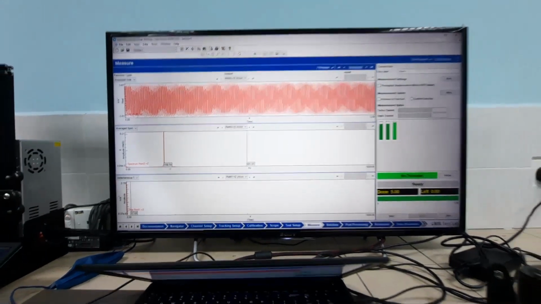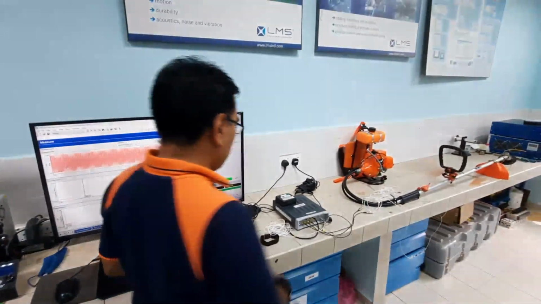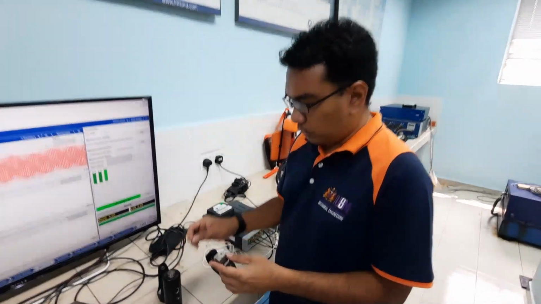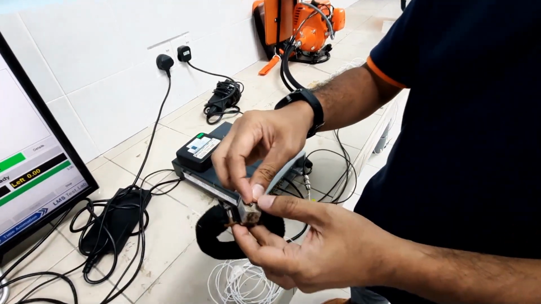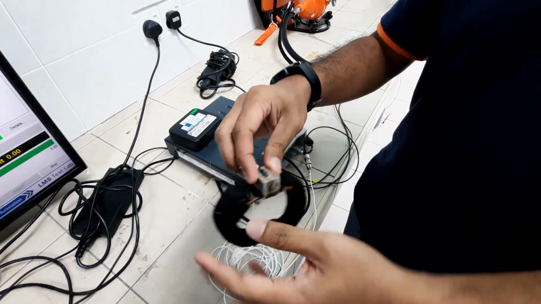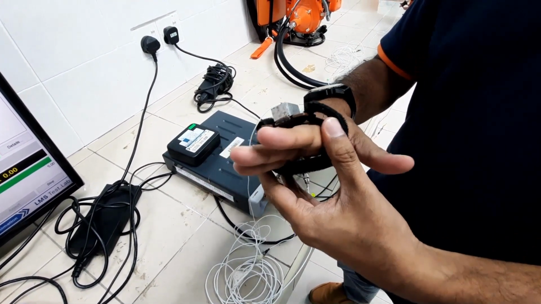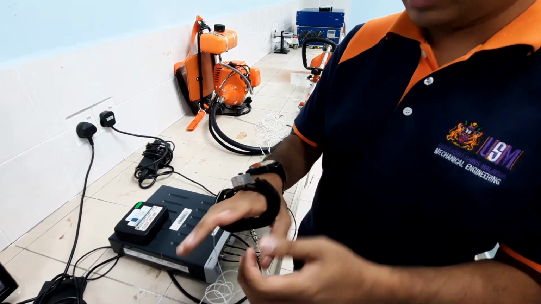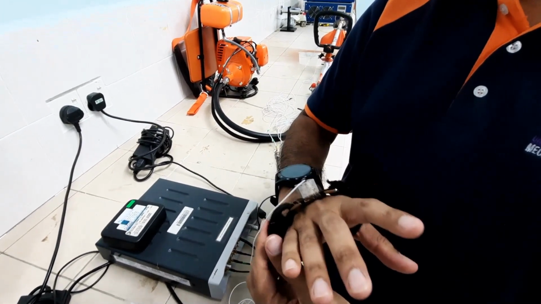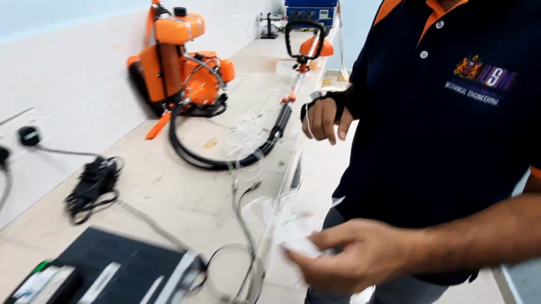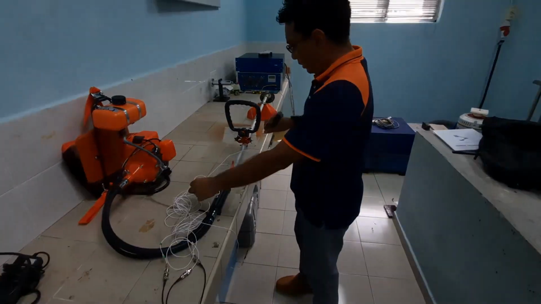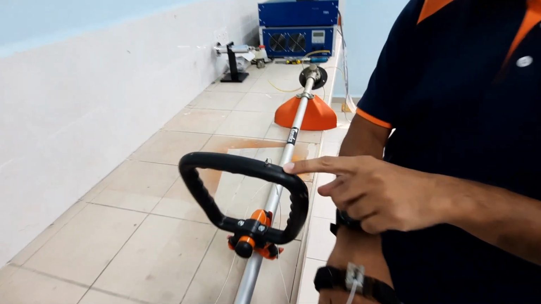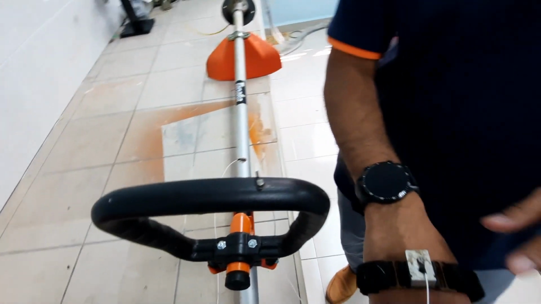But for the actual case, we are using this hand-arm mounting, where we can put our accelerometer number 3 here and wear it. We wear this adapter on the hand, and you can adjust it based on the size of your hand. So there are three accelerometers: at the handle, at the shaft, and at the hand.